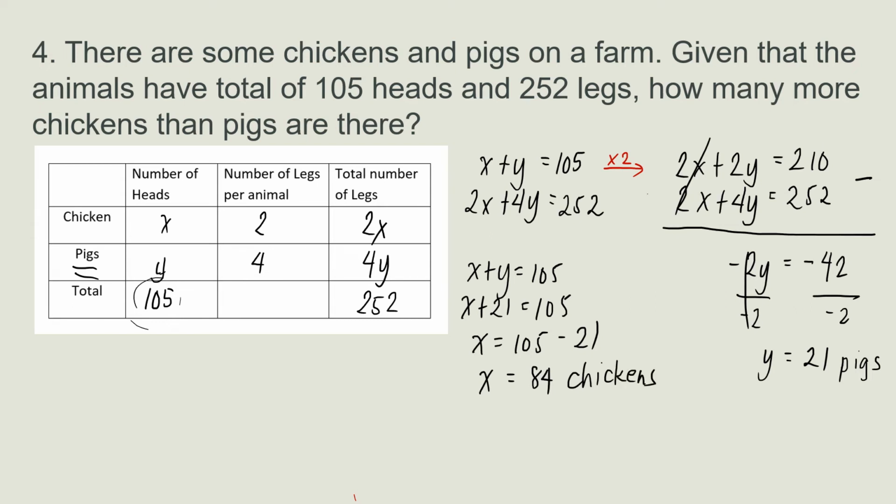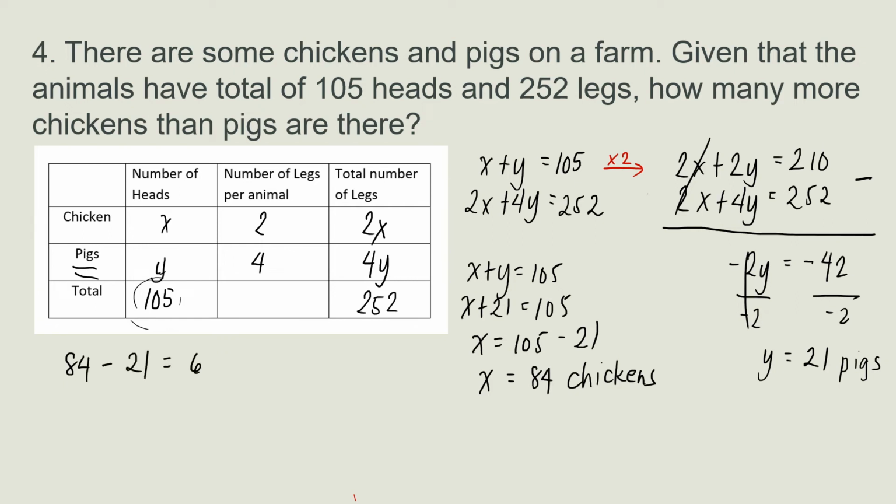But we're not done yet because we are asked to find how many more chickens than pigs there are. So we need to do subtraction to find our final answer. We will do x minus y, so 84 minus 21.